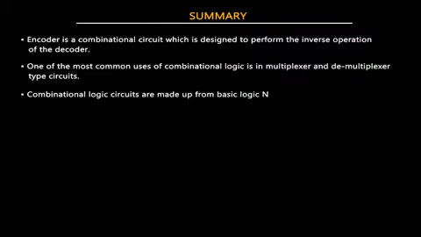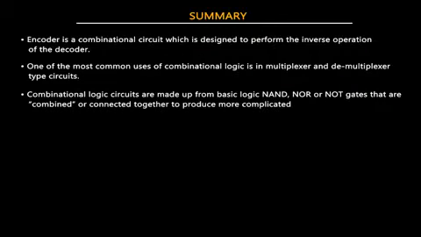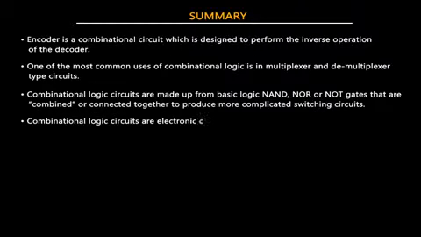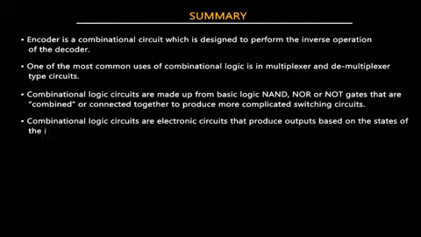Combinational logic circuits are made up from basic logic NAND, NOR, or NOT gates that are combined or connected together to produce more complicated switching circuits. Combinational logic circuits are electronic circuits that produce outputs based on the states of the inputs.